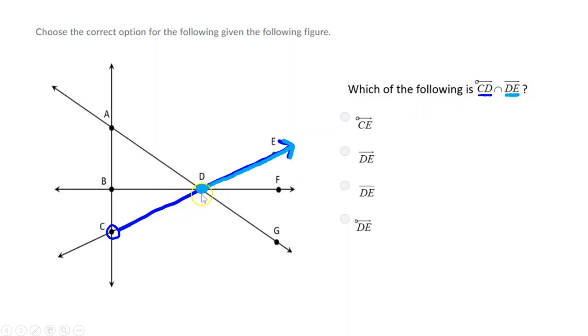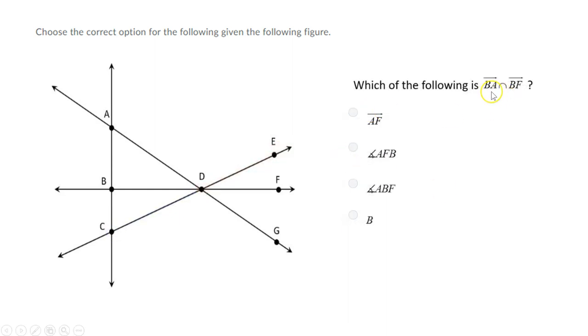So actually what it looks like is that the ray DE itself is the intersection between these two, and that could definitely happen sometimes. So you can see that ray DE, not the open-ended ray DE, because D is included, D was a part of both of these figures, is going to be the intersection.